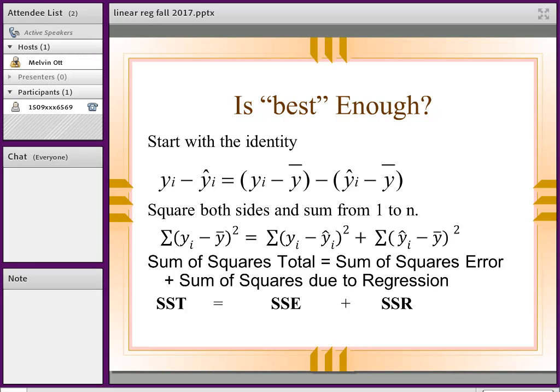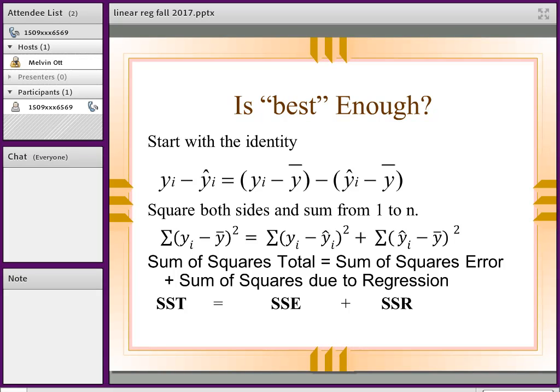On the right side over here, it's the y sub i minus the y hats. Remember, that's the error value. So if I take those error values here and square them and add them up, that's the sum of squares for error. That number should be really, really small if my model is a good one. Last part of that, now I have the predicted values again, the y sub i hat minus the mean.